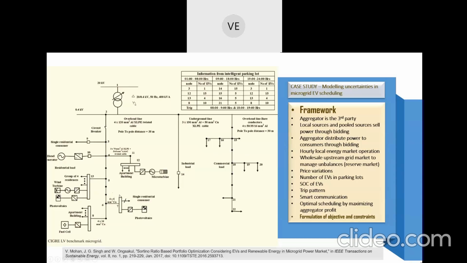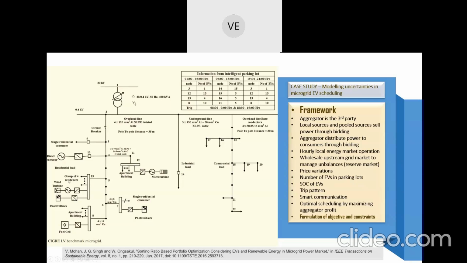The residential feeder has local distributed energy resources. You can see here micro wind turbines, rooftop solar PV sources, then a fuel cell, a micro turbine, and a diesel generator. So costly sources are there, cheaper sources are there, uncertain sources are there. In addition, suppose you have EVs also with all these residential loads, right?